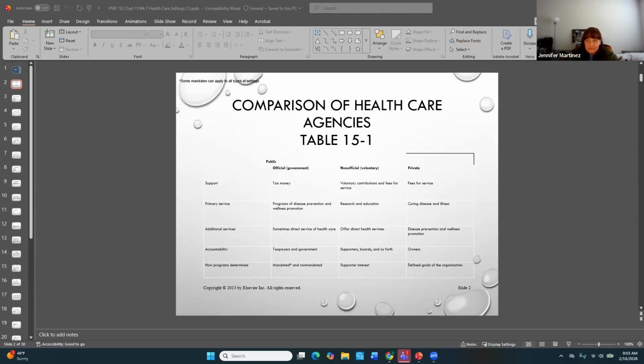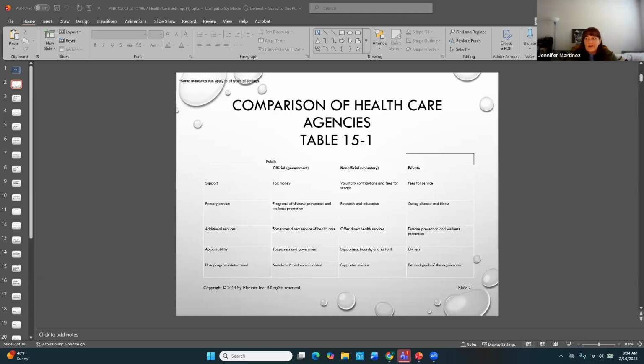When we look at public versus private healthcare agencies, this is basically who owns the agency. They can be owned by the government, or by private entities, which include both your profit and your nonprofit entities.